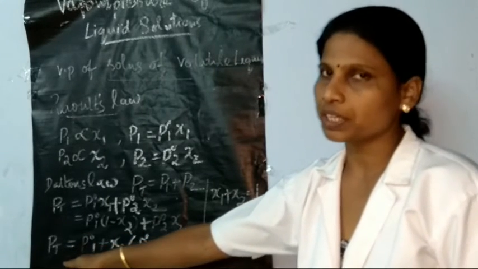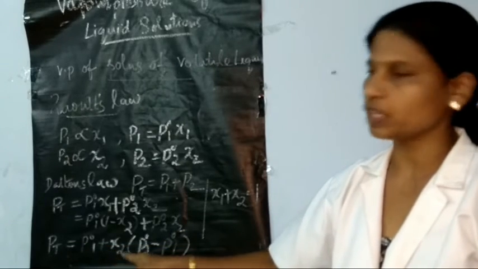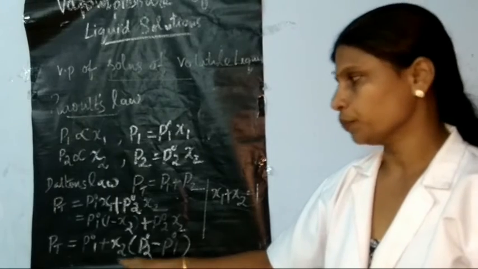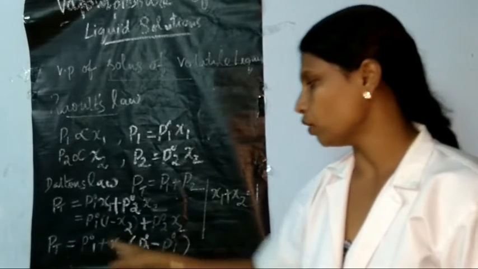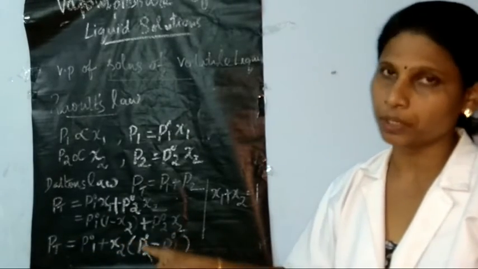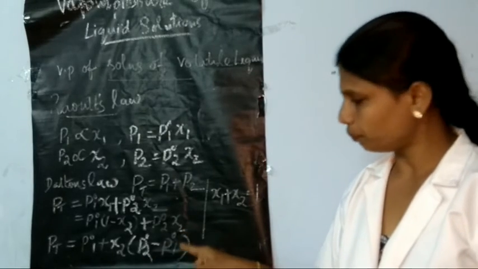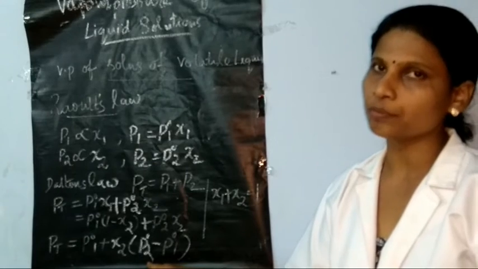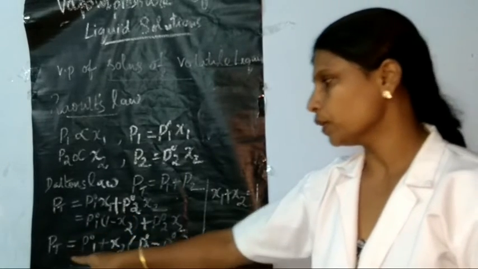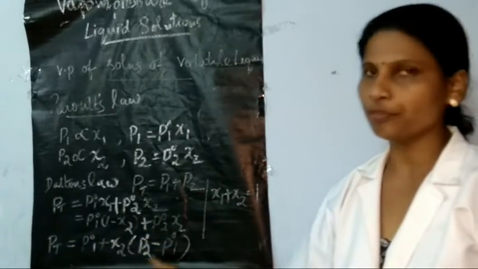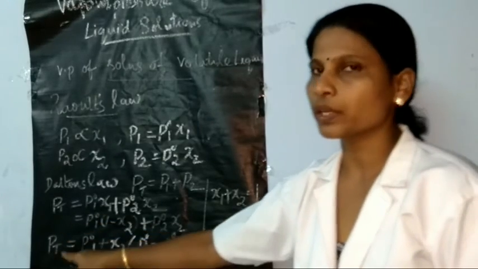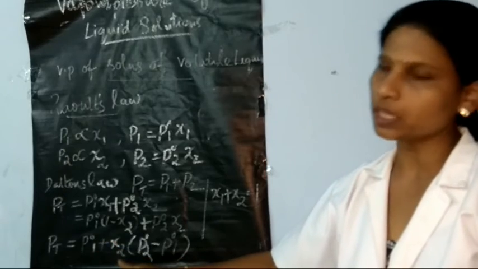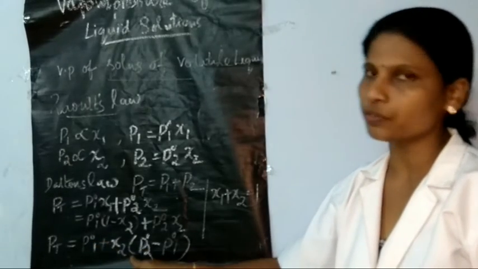Here the equation is in terms of X2. Next, it depends on the values of P01, the pressure of pure solvent, and P02, the pressure of pure solute.